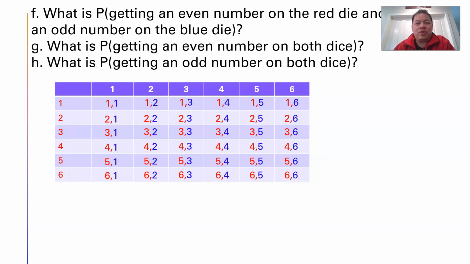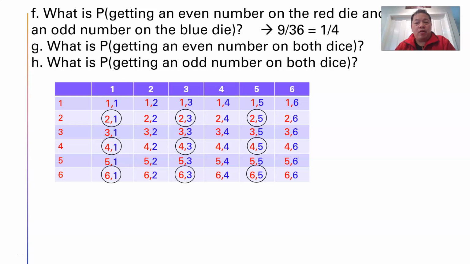Okay, moving on to the next question. They ask the probability to get an even number on the red die and an odd number on the blue die. So let's again circle all the possibilities, even on the red, odd on the blue. I'm able to find 9 of them. So the probability for this to happen will be 9 out of 36, which is 1/4.